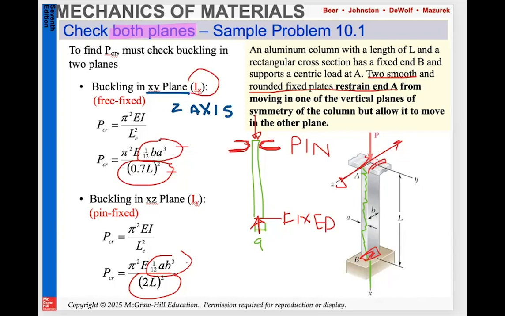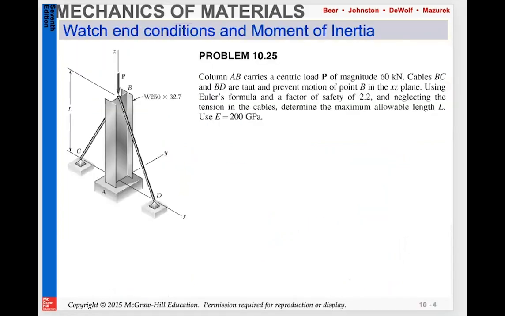So basically the key is to make sure you use the right thing. So this is solved in your book. This is a sample problem. And the other one is just, again, the same kind of thing, the end conditions and the moment of inertia.